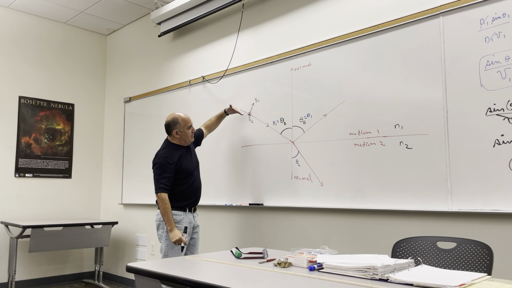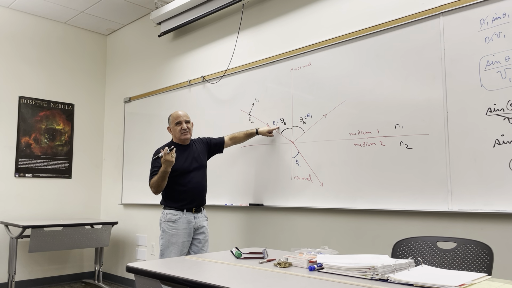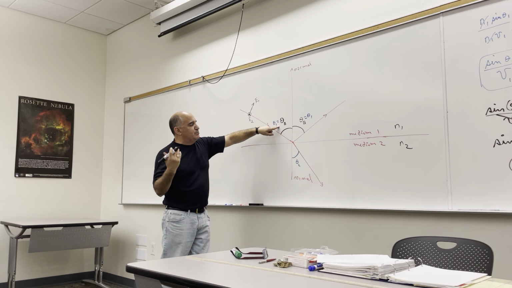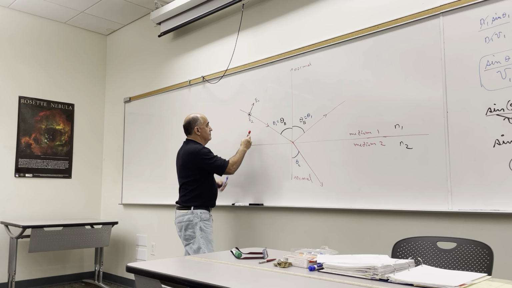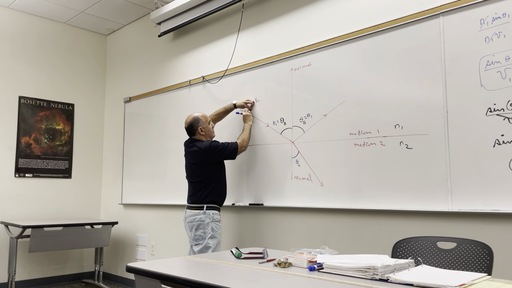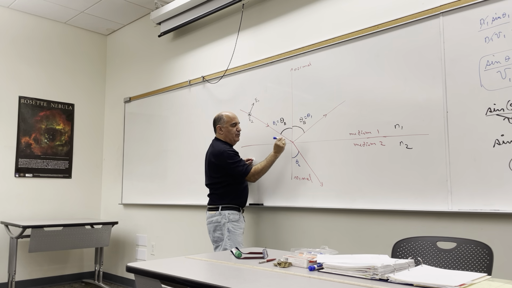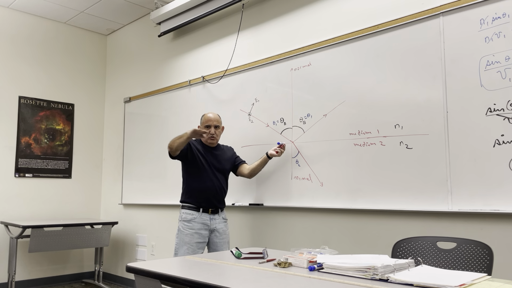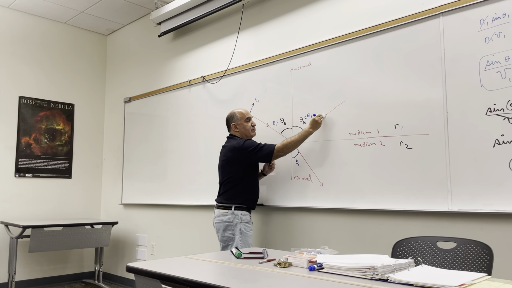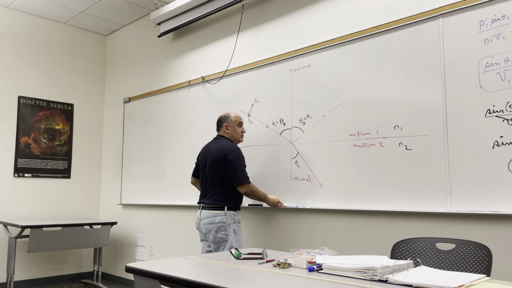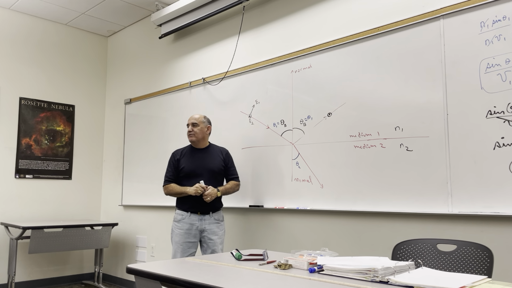Then the wave comes in like this, and if it comes in at a particular angle, then of these two components, only the component of the electric field that's parallel to the surface, or another way of saying it, perpendicular to the plane of incidence, will be reflected. So over here, you're going to have just that. Only that component is going to be reflected.